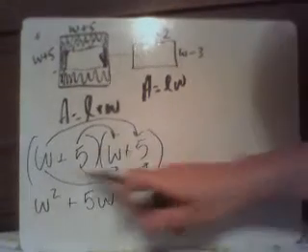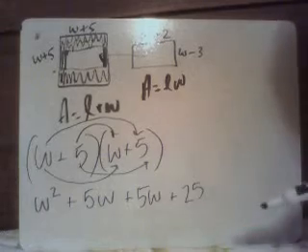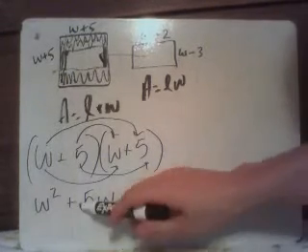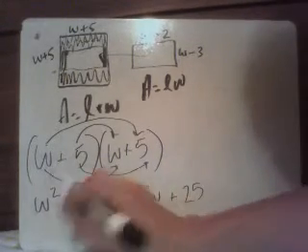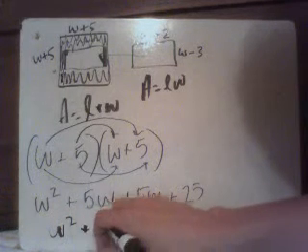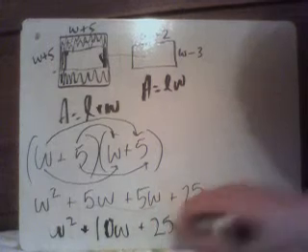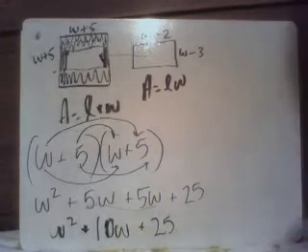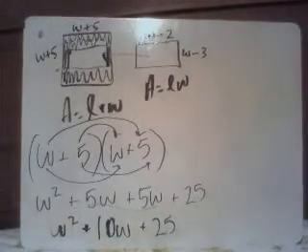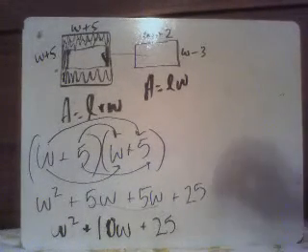We multiplied the first terms, the inside, the outside, and the last two. I can combine my two like terms, and I get w squared plus 10w plus 25. That's the area of the square only. So I just found the area of the square. W squared plus 10w plus 25.